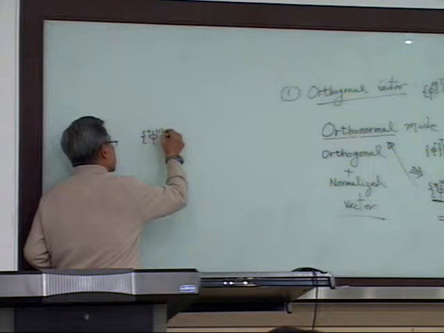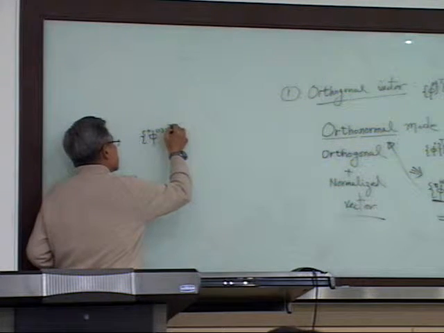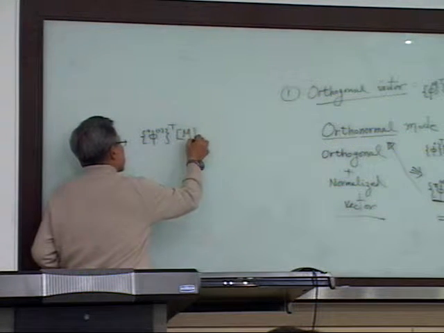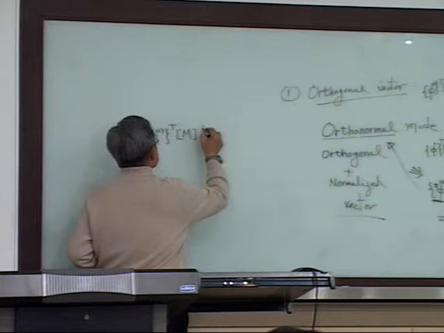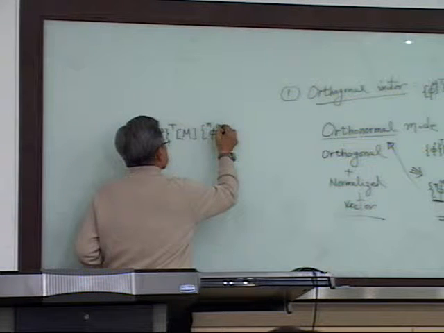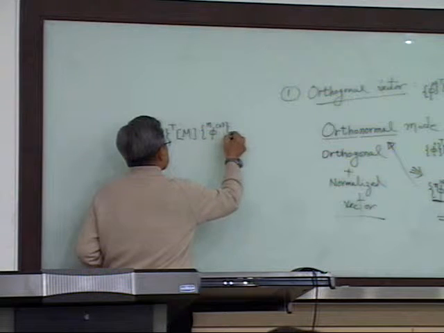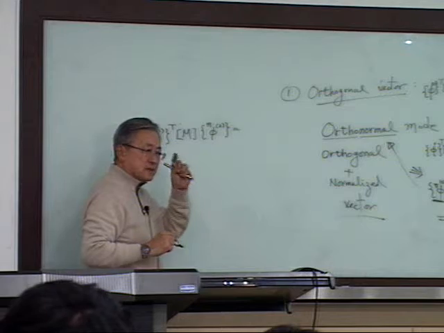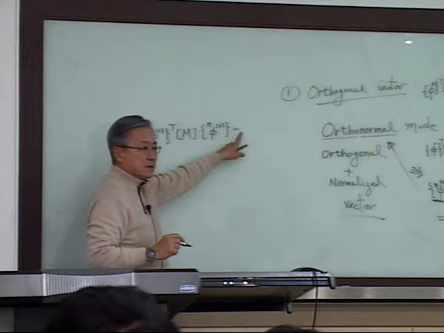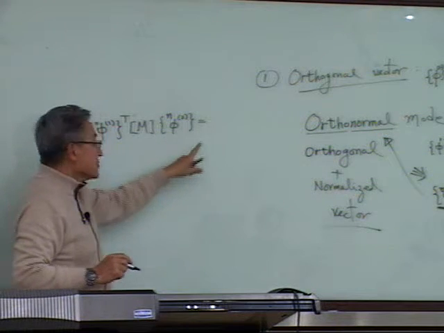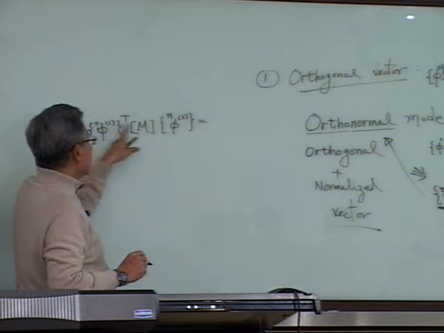First mode, right? Transpose, M, times phi n. Let's say if this is a second mode, then what do you expect here? What's the value here? 0, right? Two distinctive modes, 1 and 2.